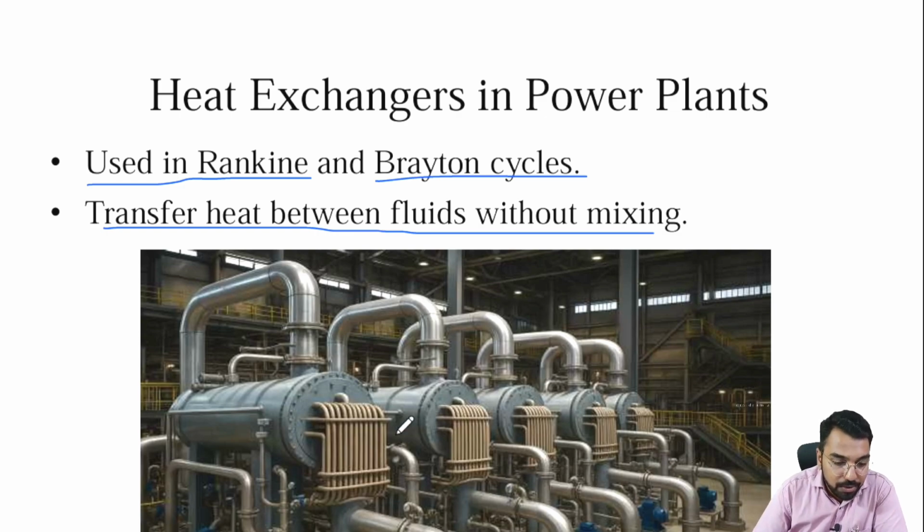Here in this diagram you can see that these are the small tubes. In those small tubes water is flowing, and in this cylinder-type structure there are flue gases or exhaust gases which have a higher temperature than ambient air. So the heat energy flows from these high temperature gases to this water, and the water gets heated.